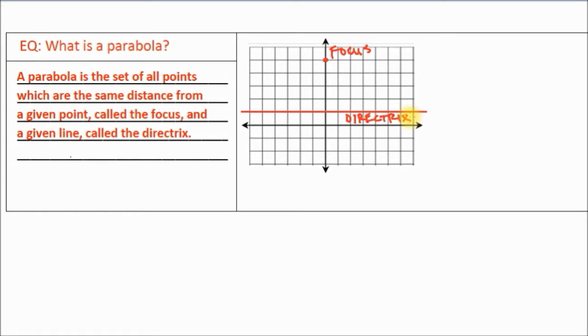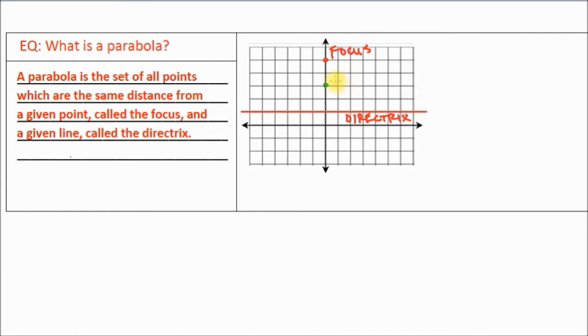Now a parabola is all the points that are the exact same distance from the focus and the directrix. So you can see, class, that one of the points that I know is the exact same distance between these two things is right here. This point is the midpoint between the focus and the directrix.